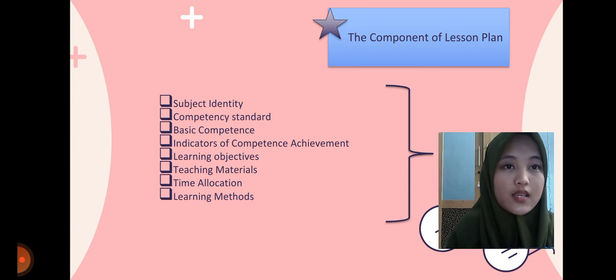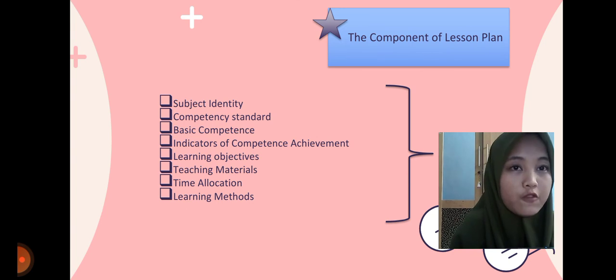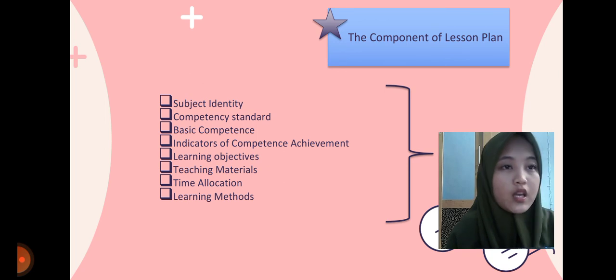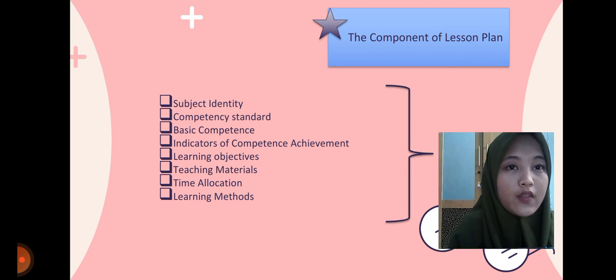Next, competency standard: minimum ability qualifications of students that describe the mastery of knowledge, attitudes, and skill they are expected to be achieved in each class and semester in a subject.